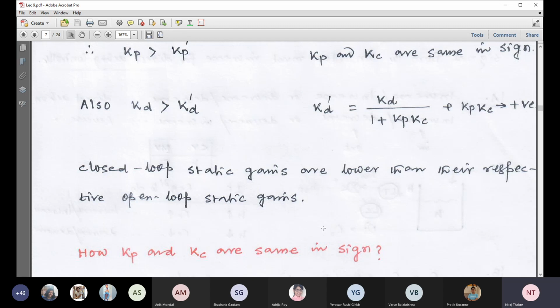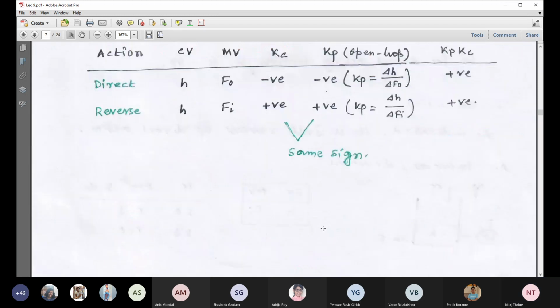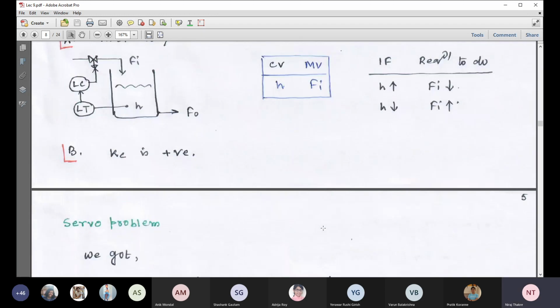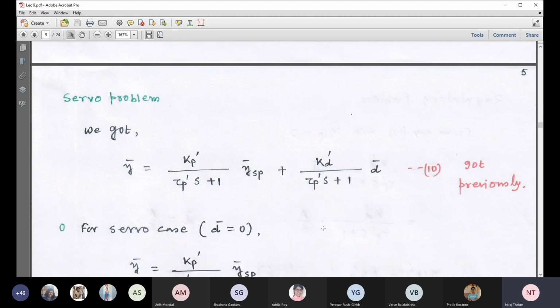Okay. Now we got the closed loop transfer function, you know. Based on that, now we want to investigate individually for servo case and regulatory case. So we got this equation 10. Now we want to extract different features of this closed loop process by individually analyzing the servo and regulatory cases.